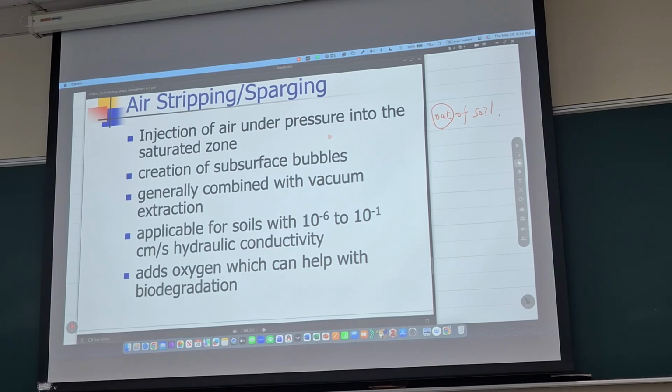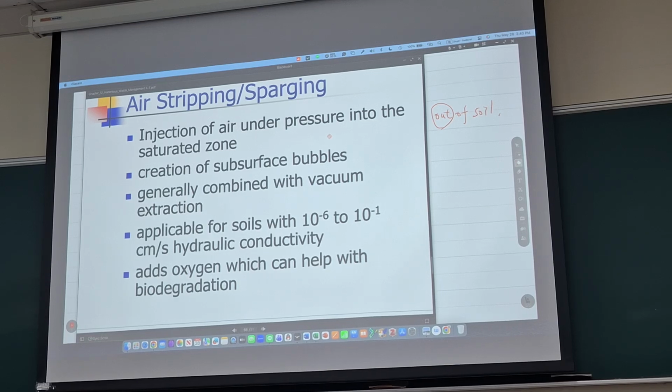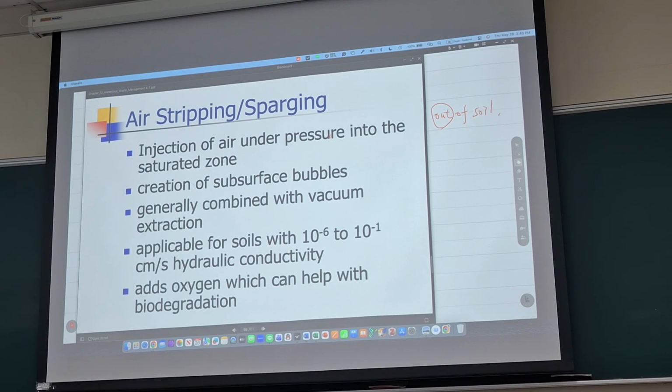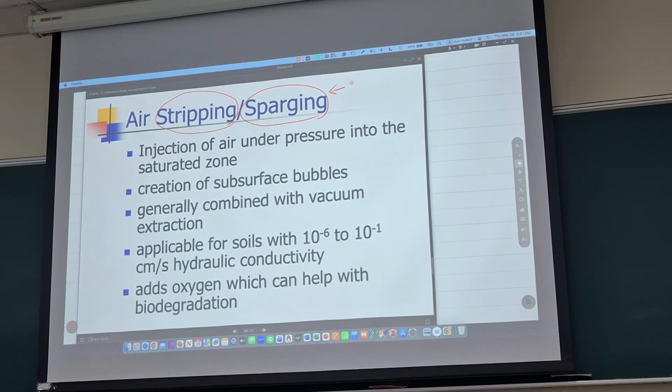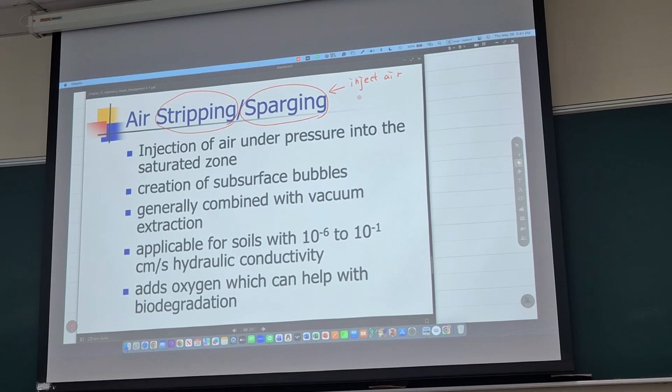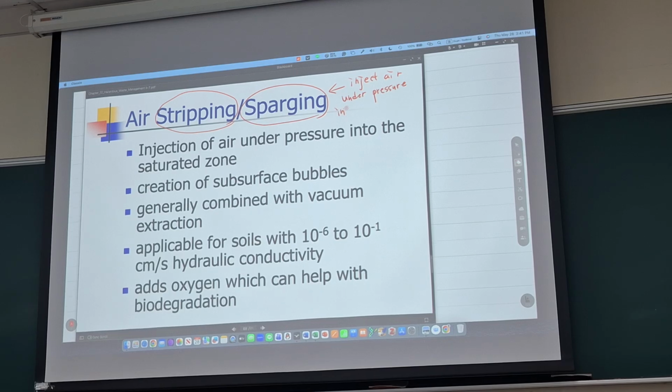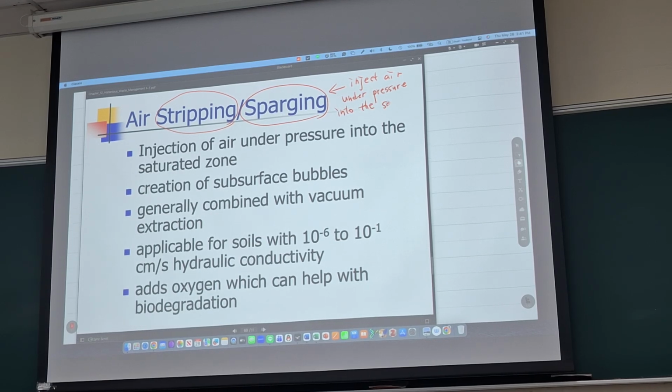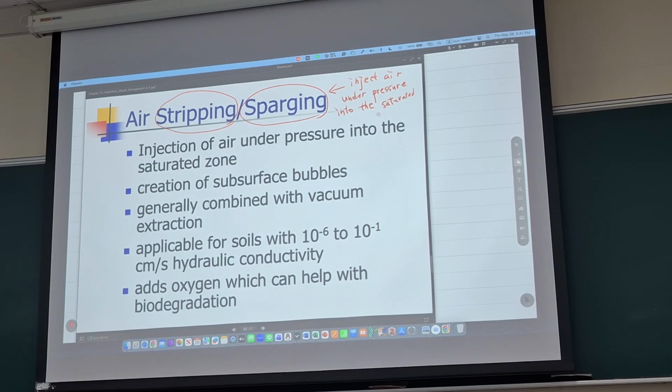And we can also use air stripping or sparging. We all know about stripping. How about sparging? Sparging means we inject air under pressure into the saturated zone.